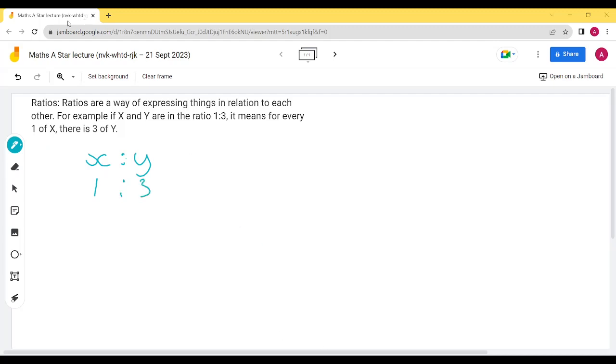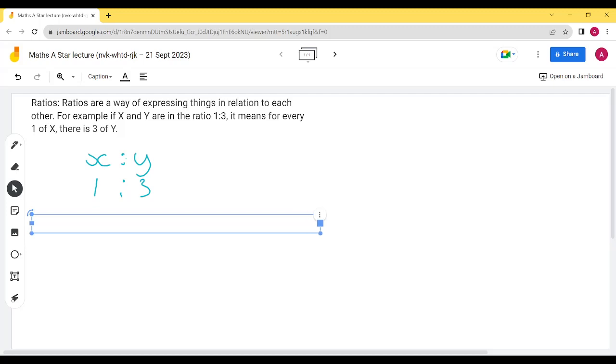So what it means in effect is, if you had 3 of x, which is 3 times 1, that would be 9 of y, so 3 times 3.